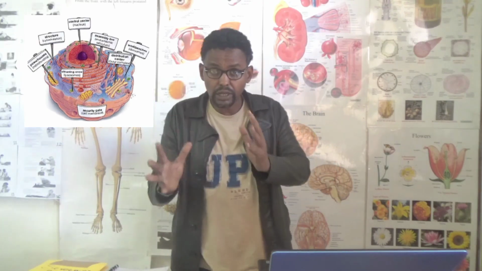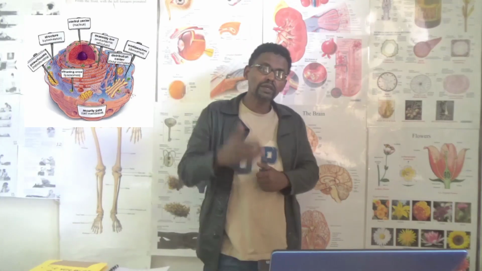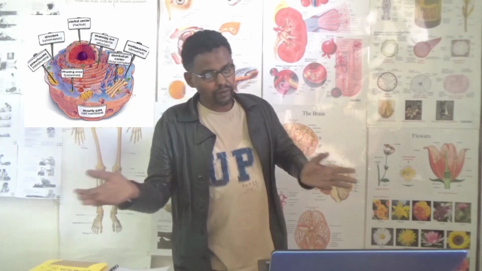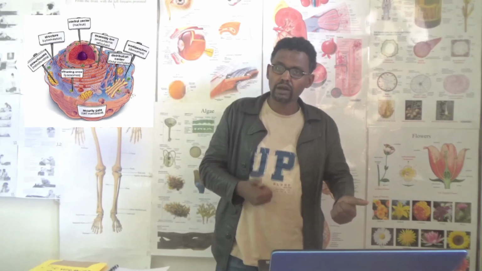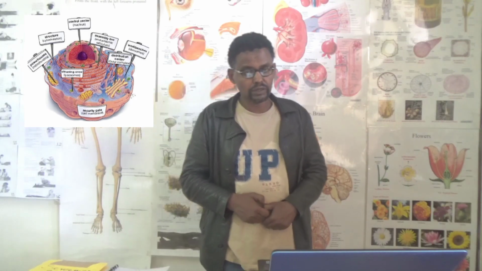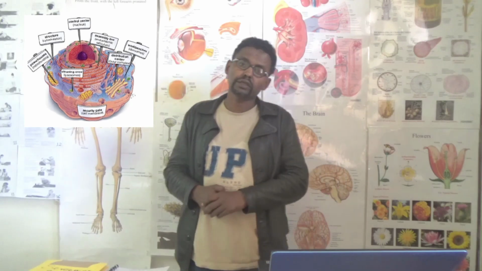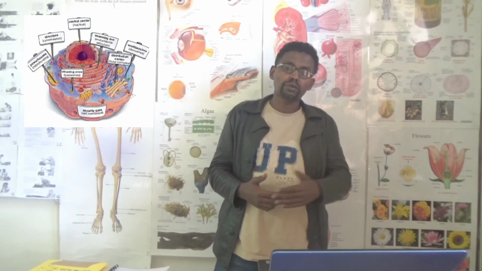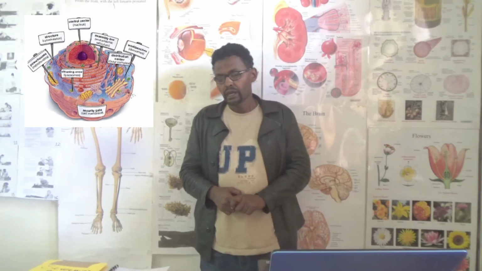Out of the intracellular structures, we have the organelles and those which are not organelles. So everything is cellular structure, but there are intra and extra, and within intra you have the organelles and non-organelle structures. The non-organelles are those which are not membrane bound, and mostly they are characteristic of the prokaryotic cell.